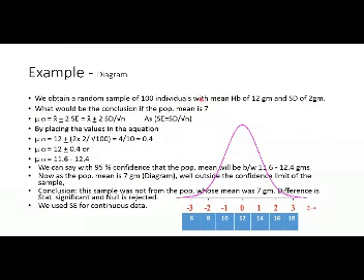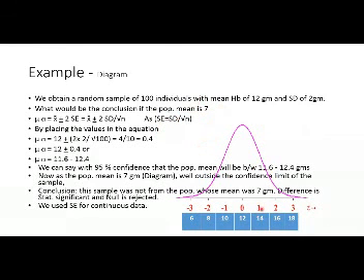If the population mean is 7, then 7 is outside the confidence limits of the sample. Clear? Our critical values are 11.6 and 12.4, and this examined value is 7.